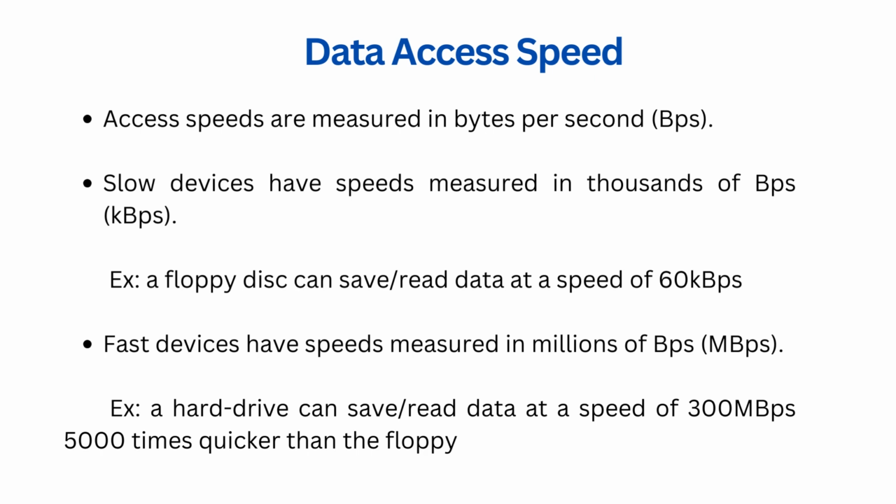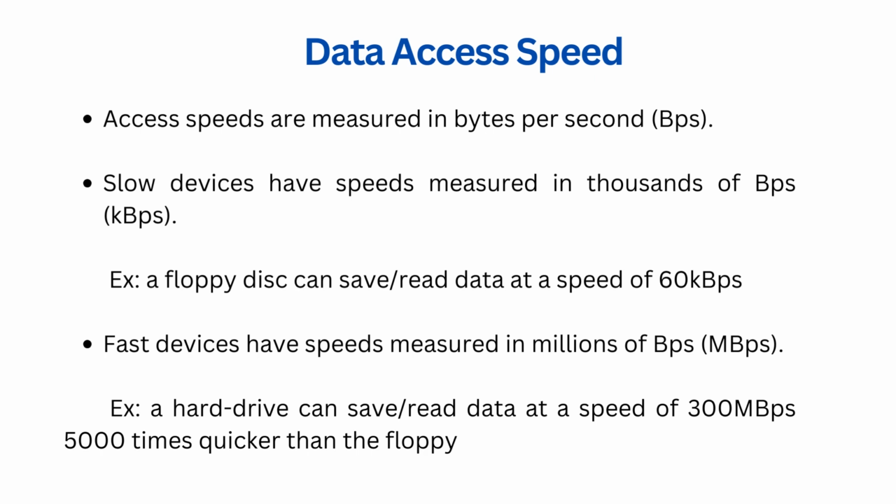Examples are like a floppy disk can save or read data at a speed of 60 kBps, meaning a floppy disk can save or read 60 kilobytes per second.